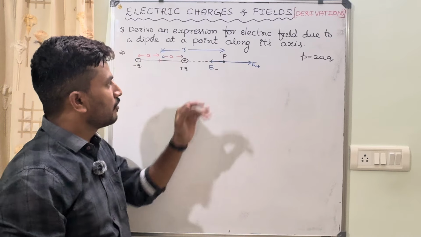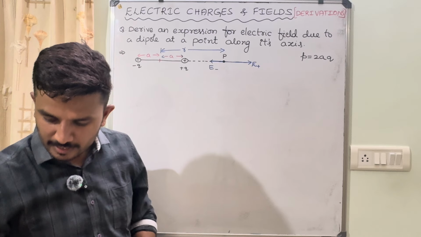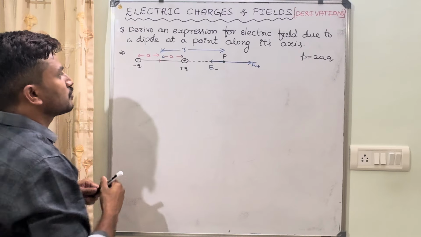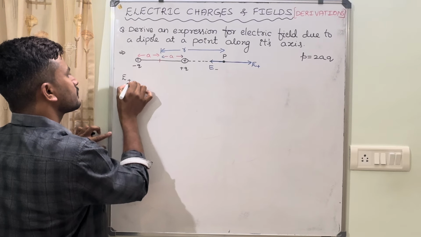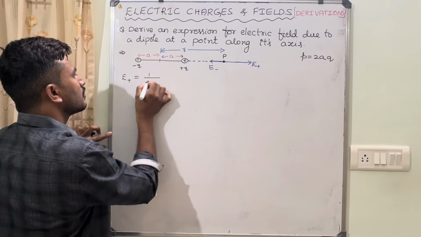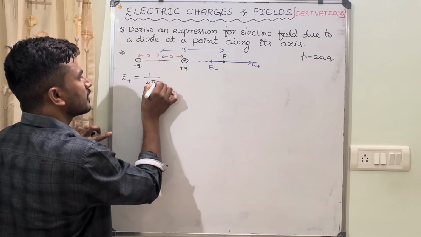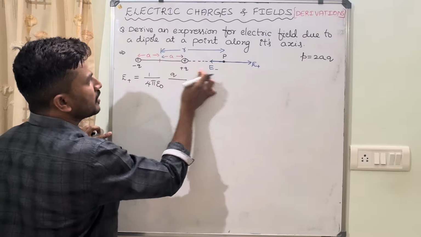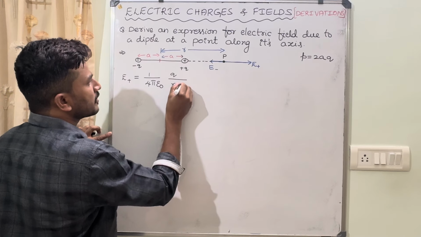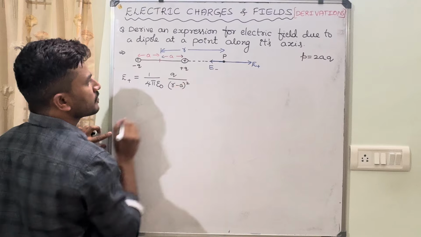Now I will write the expression for the electric field due to the positive charge first. Due to the positive charge, the electric field is 1 over 4 pi epsilon naught, q divided by r minus a whole square.